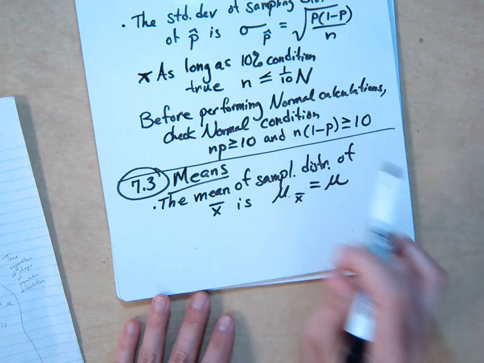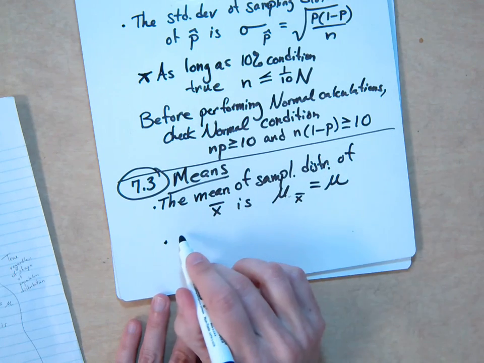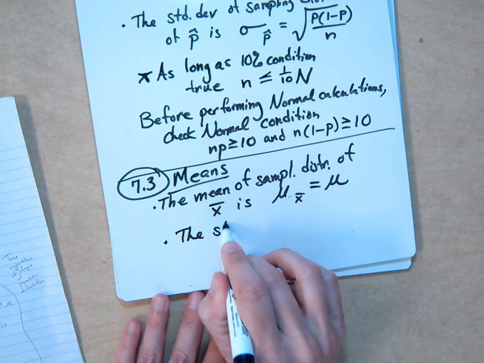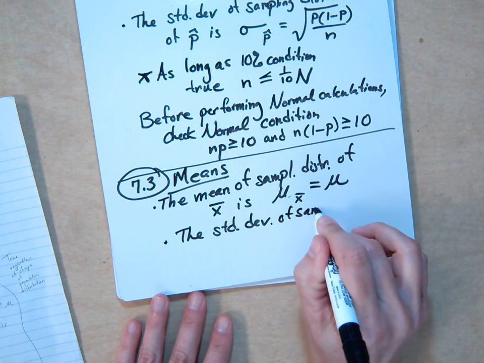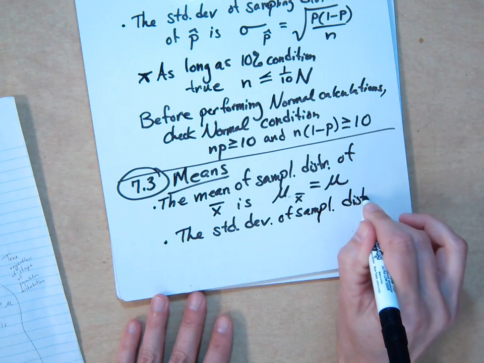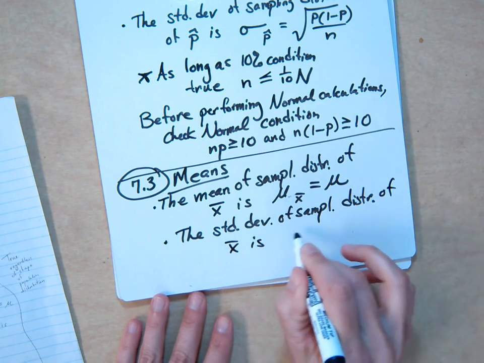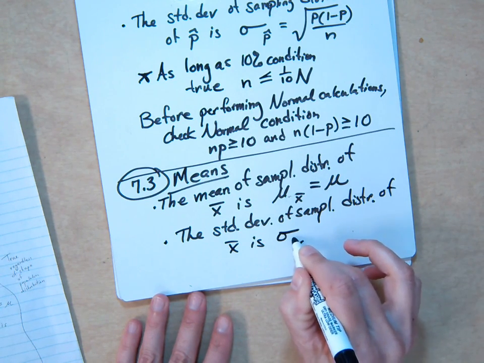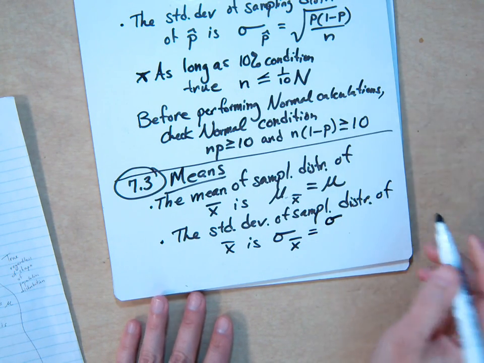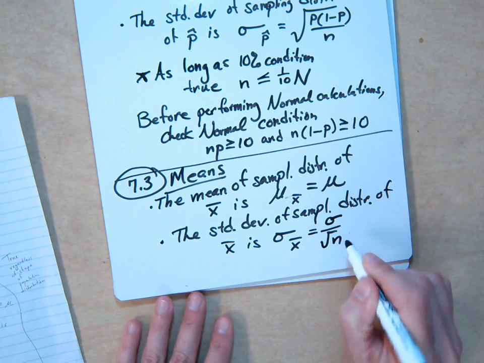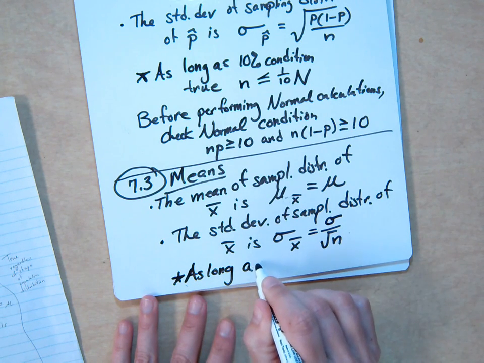And then standard deviation, as long as the 10% condition is true, you can say the standard deviation of the sampling distribution of x bar is standard deviation of x bar equals the population standard deviation divided by the square root of n, and again, just like before, only as long as the 10% condition is true.